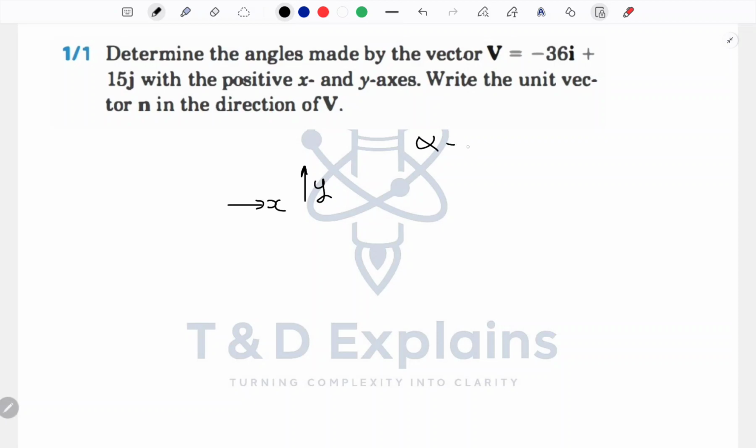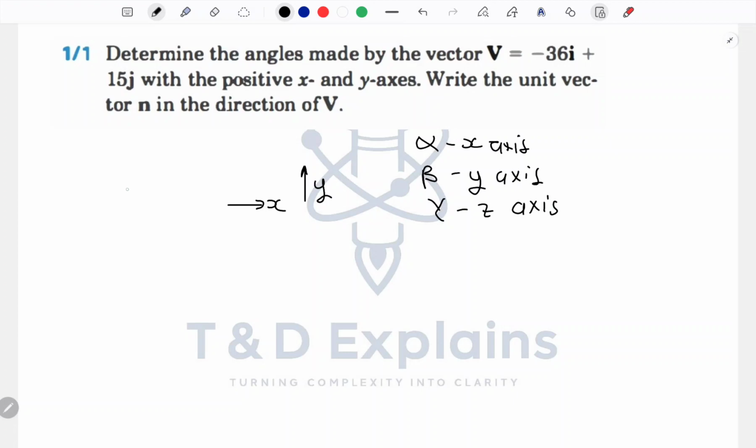Alpha is an angle made by v with the x-axis, beta is an angle made by v with the y-axis, and gamma is also an angle made by v with the z-axis.